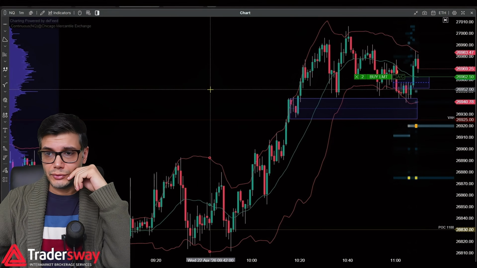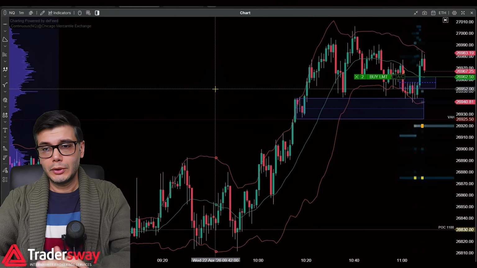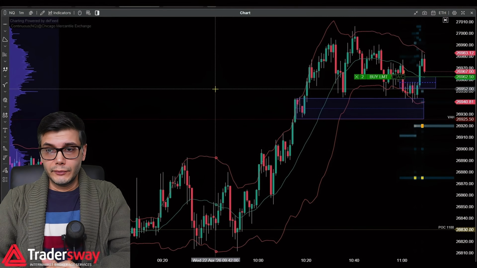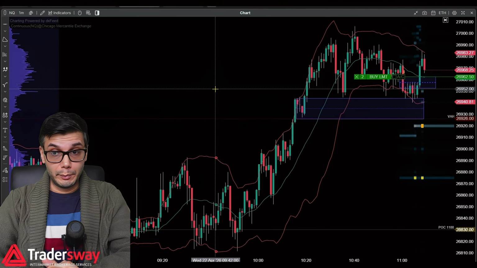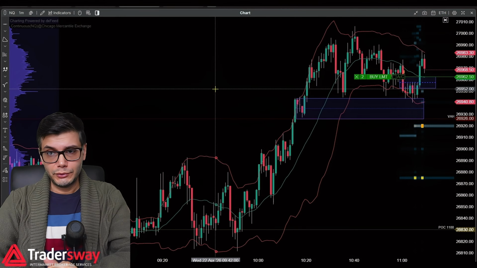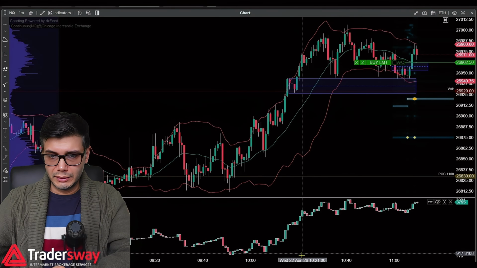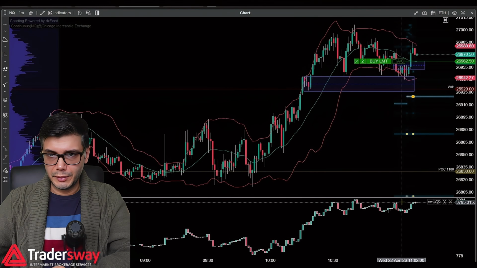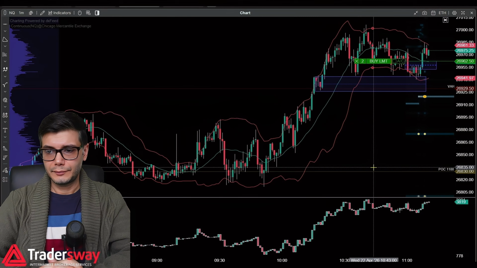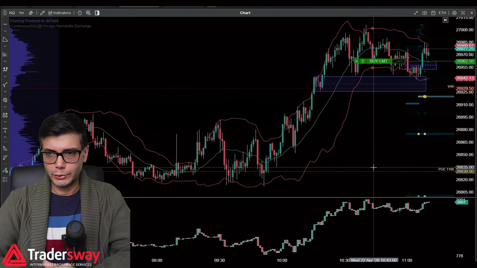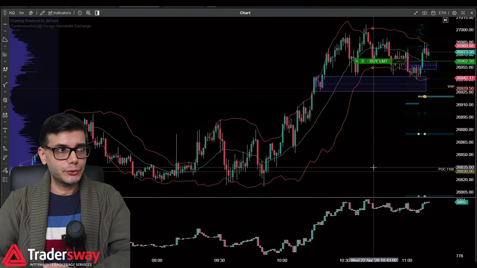Once this trade is active, I will move this stop to wherever the lower Bollinger Band is, which is slightly above the recent low. Let's look at the cumulative volume delta. Still buyers exist in the market. That makes the market still bullish. There is no divergence yet. So we should wait and see.